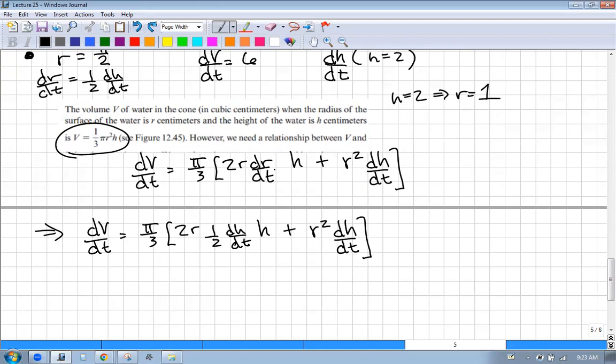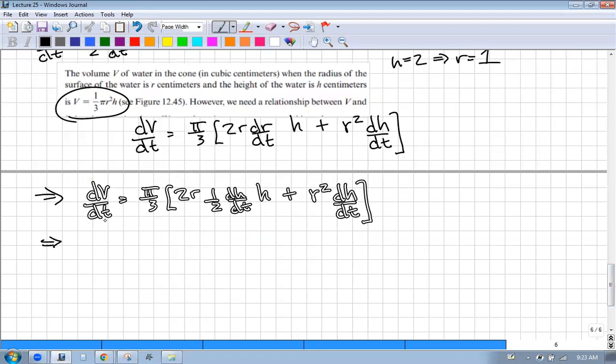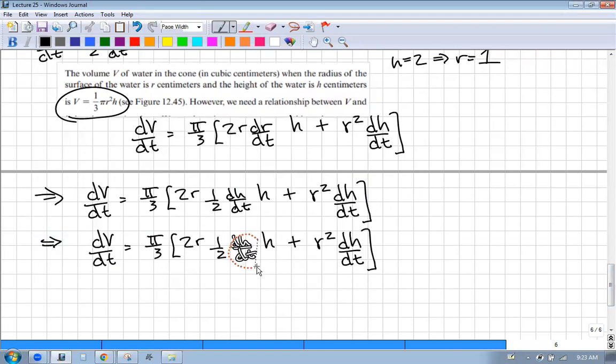Okay. So we want this by itself. We know what all these others are, but this dr/dt itself is a function of dh/dt. So now it shows up twice. That's okay. We can factor this dude out. So let's just take that dh/dt and we're going to factor it out.